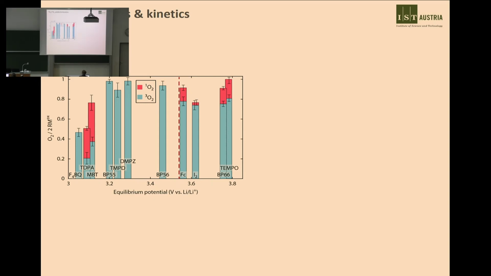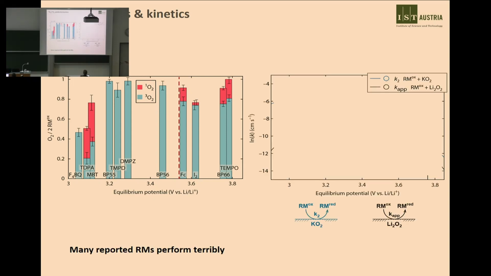So we see 3 groups: some at low voltages, which you could think of as gentle, but that is not the case; intermediate voltages, where they are sort of good; and at high voltages, where they evolve a lot of singlet oxygen. To nail down the mechanism here, we measured kinetics.